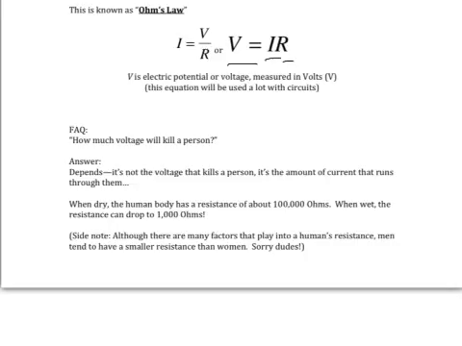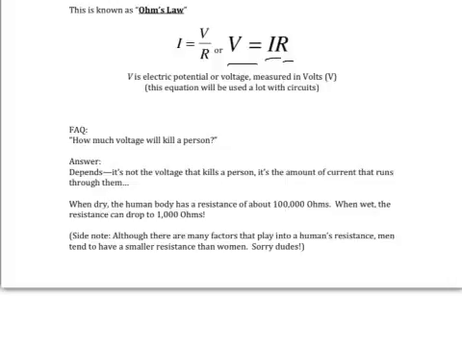One of the most common misconceptions with current electricity: people often ask how much voltage will kill a person, but it's actually interesting. It doesn't depend on the voltage that a person is subject to. It's the amount of current that runs through them. So when the human body is dry, your resistance can go up to a magnitude of about 100,000 ohms.